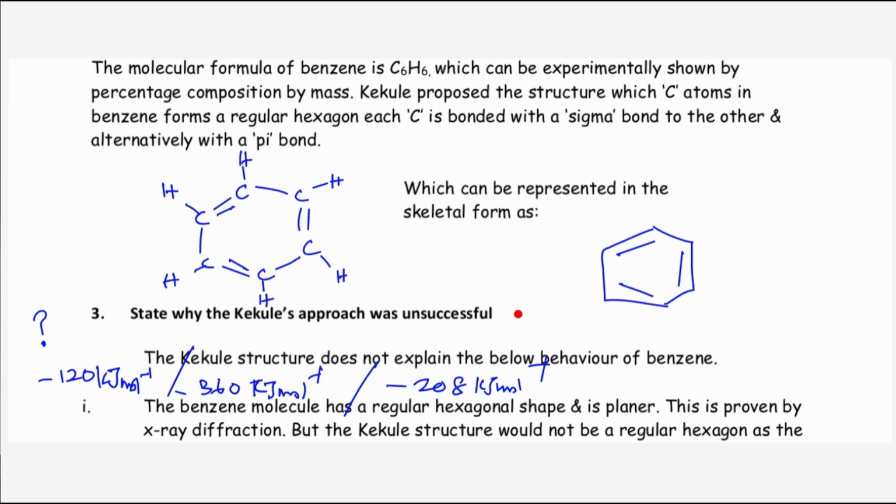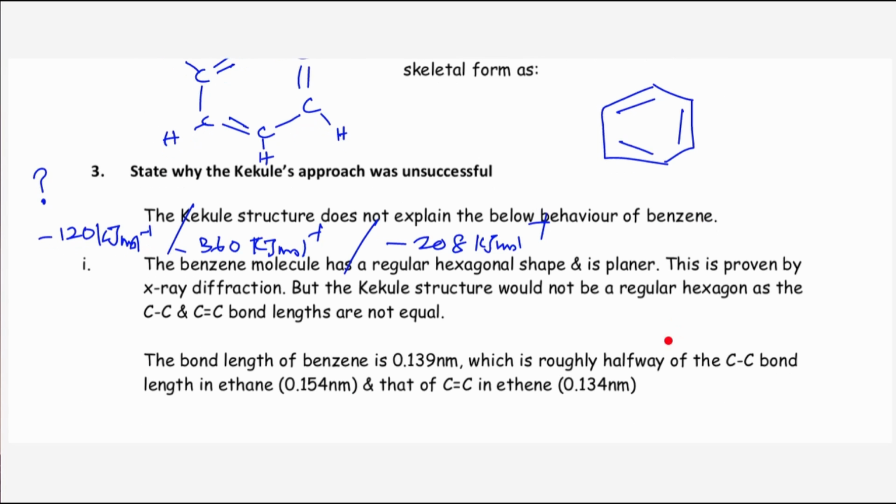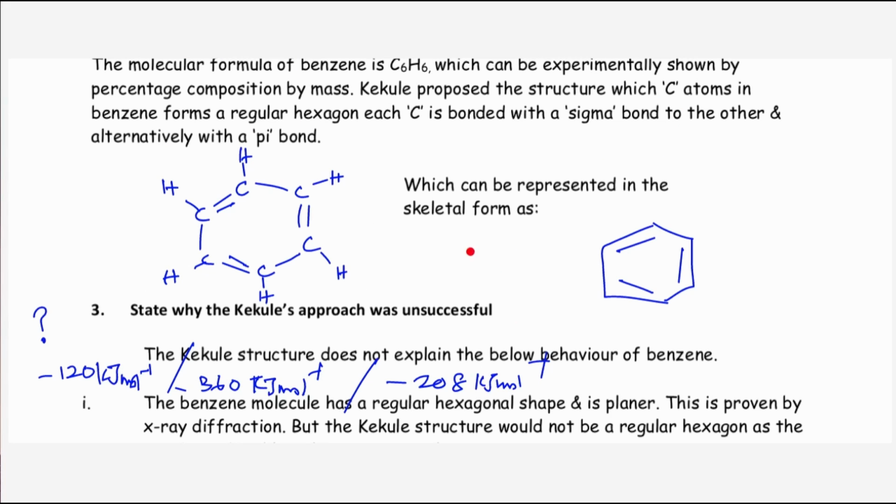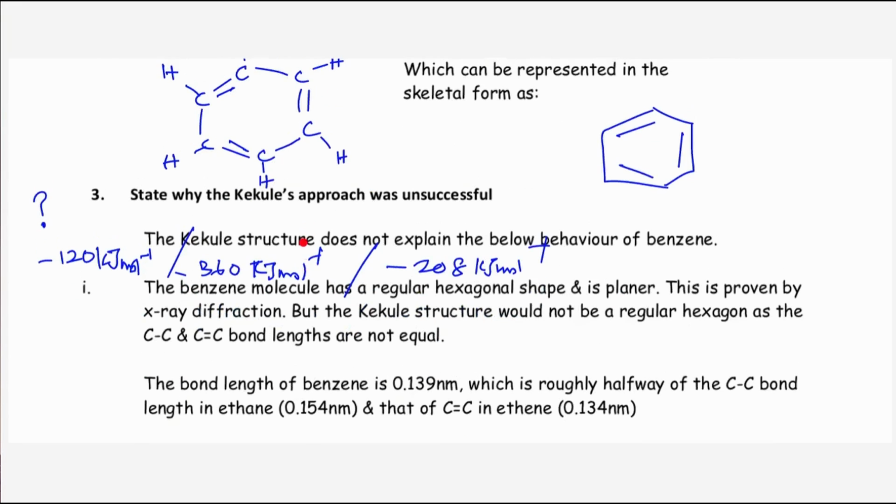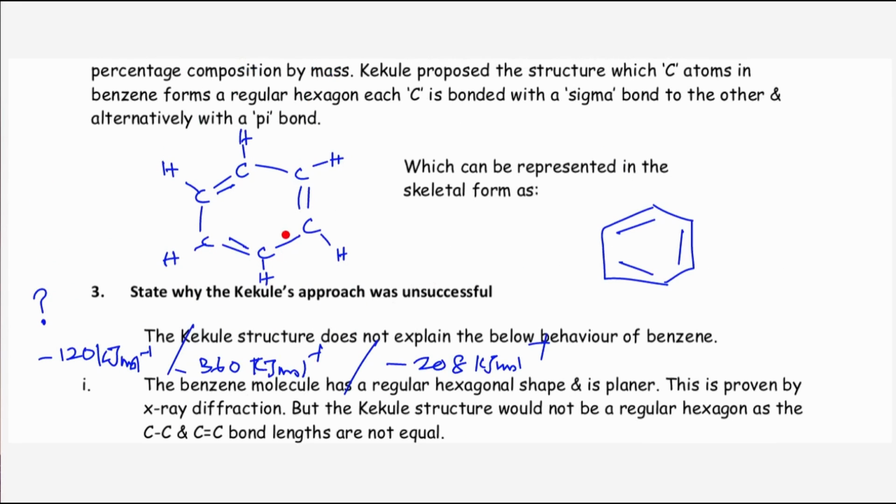Right? Then they said also that if it contains double bonds and single bonds alternately, it has to be not a regular hexagon. Later on they found from X-rays, once X-rays were invented, that benzene is a perfect hexagon.